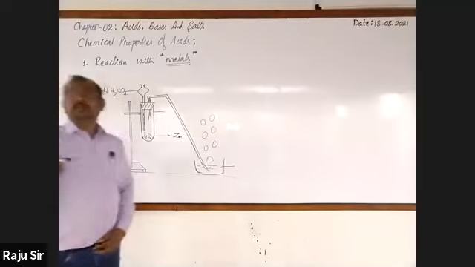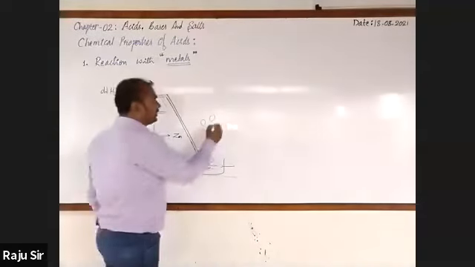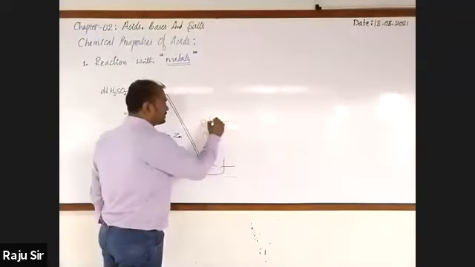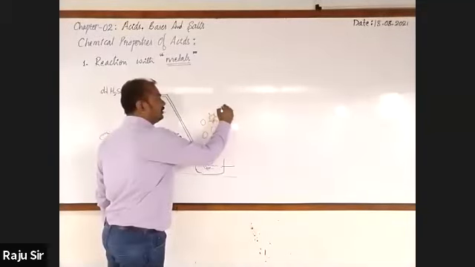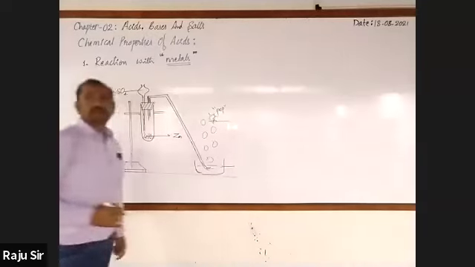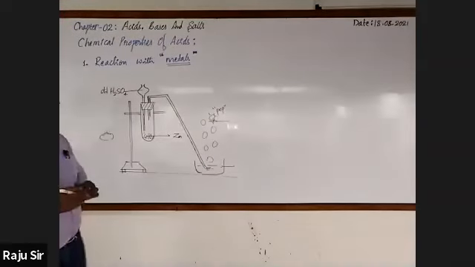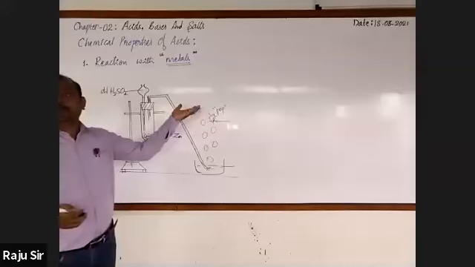Now bring a lighted matchstick or lighted candle near each of these, and you will come to know that they burst with a pop sound, which indicates hydrogen gas is evolved, right?